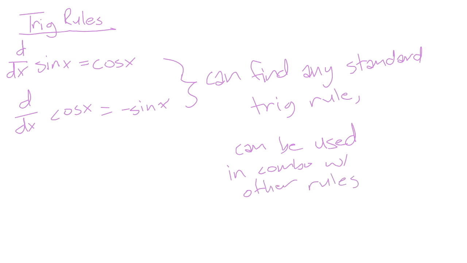So first, let's do just a couple really quick examples involving pretty much just sine and cosine. The first example I want to do is find the derivative of 3x plus sine x.